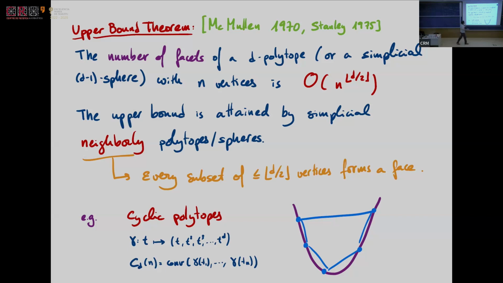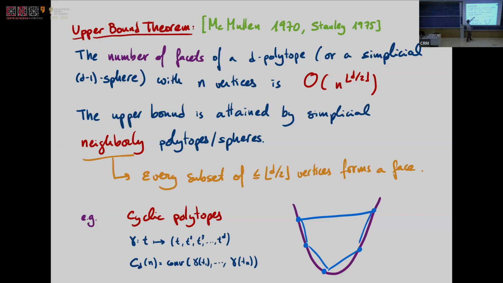If you're curious, the maximal number of facets is of order n to the d halves. This is the upper bound theorem, which tells you the maximal number of facets or of faces in every dimension that a polytope in dimension d with n vertices can have.